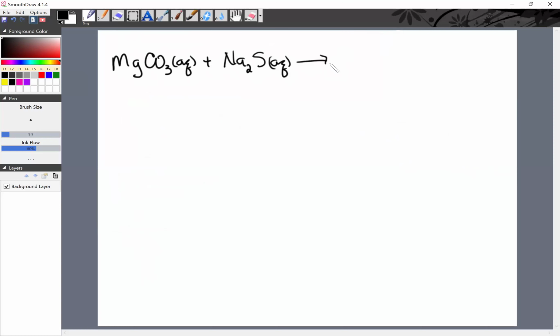All right, step number 1. What could happen? Well, let's just swap the partners. So the magnesium is going to go with the sulfur, and the sodium is going to go with the carbonate. So we're just going to put those together. Doesn't matter which order I put them in, but yes, the cation has to come first. So magnesium with the S plus the sodium with the carbonate.